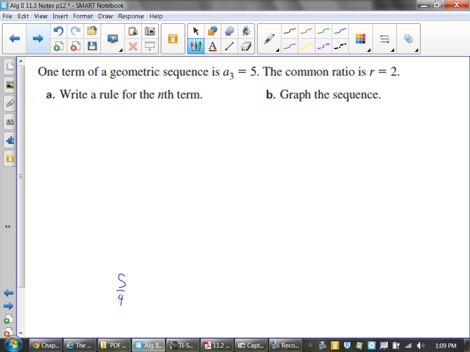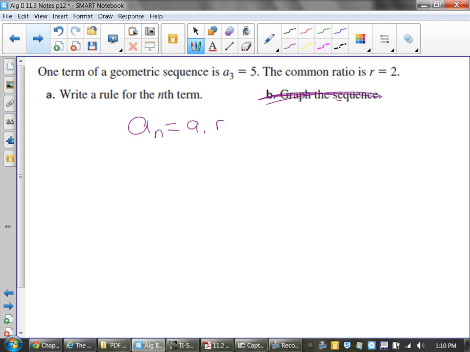Let's say that the 3rd term of a geometric sequence is 5, and the common ratio is 2. Don't worry about graphing. We're not doing that. We already have. There's no point. So just like yesterday, we're going to rewrite this formula out a few times, just so we get this committed to memory.